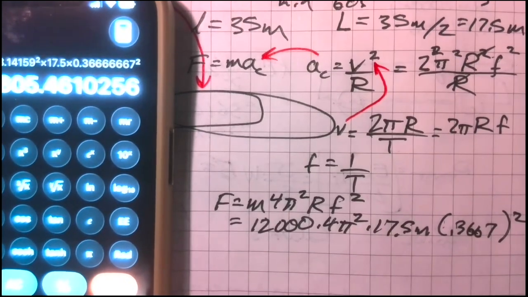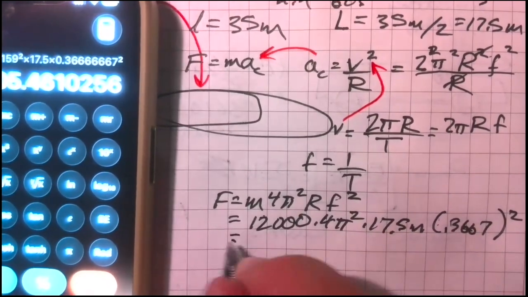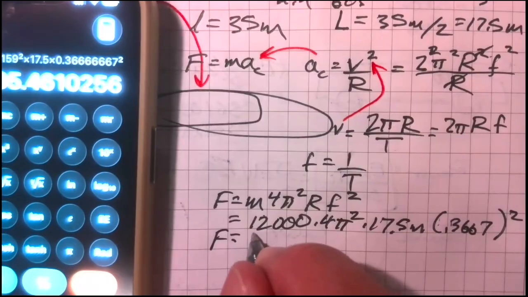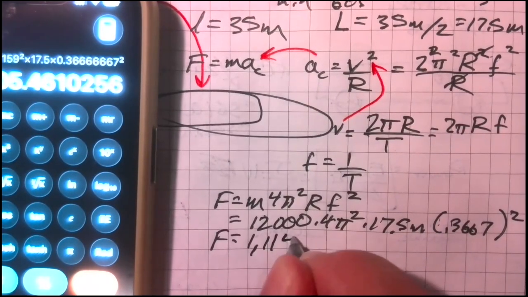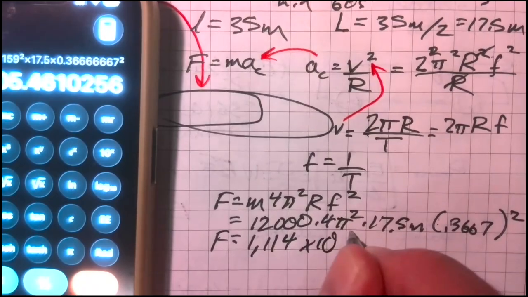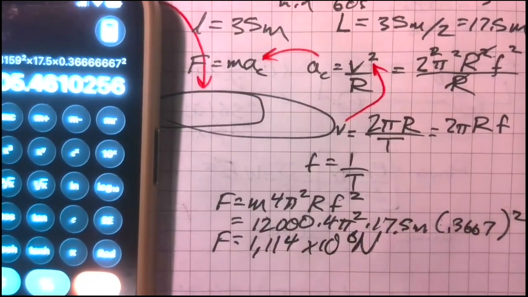We're going to get that the answer is 1.114 times 10 to the 6 newtons.